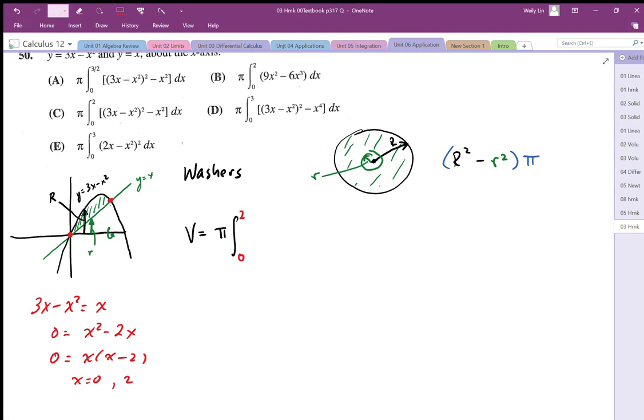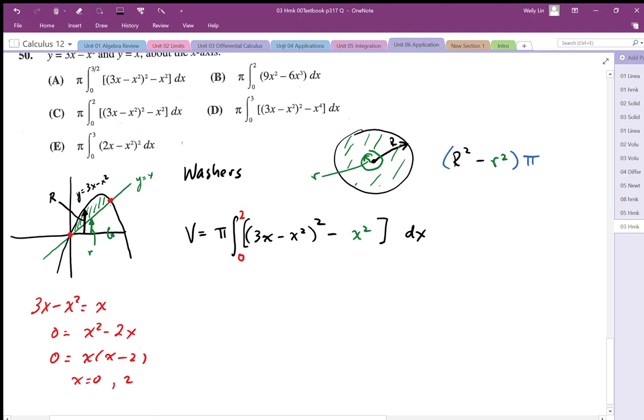My washer slices are going to have a radius, the outside radius, which is 3x minus x squared, minus the inside radius squared, which ends up being x squared, and then I'm going to multiply that by a thickness of dx.